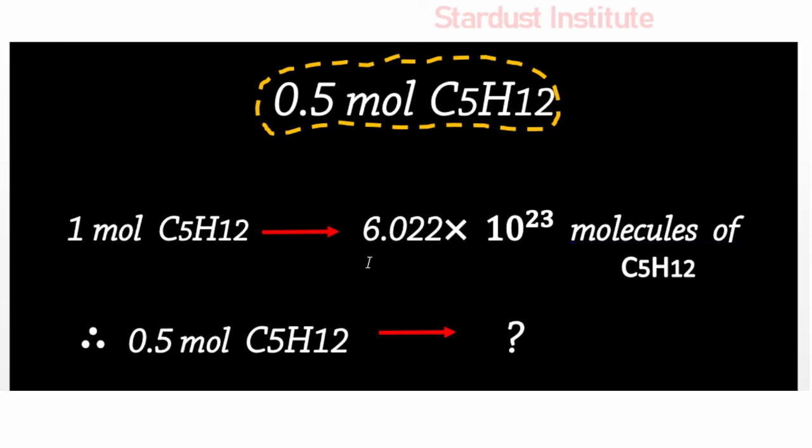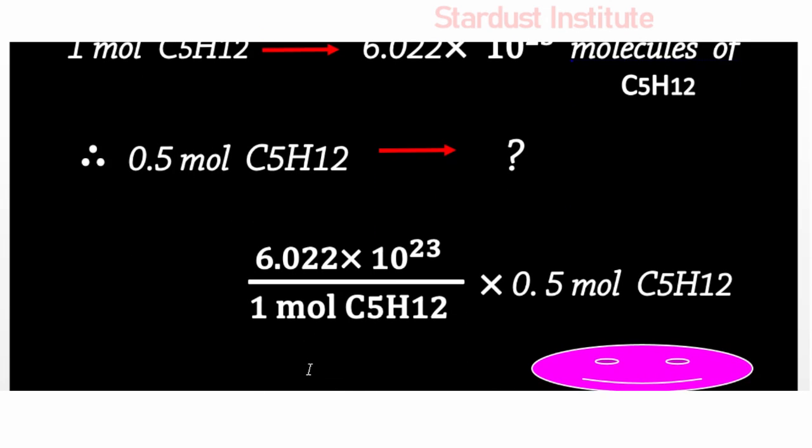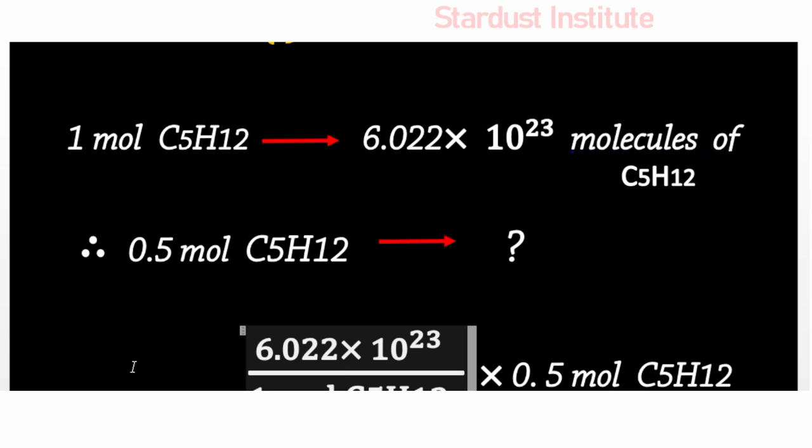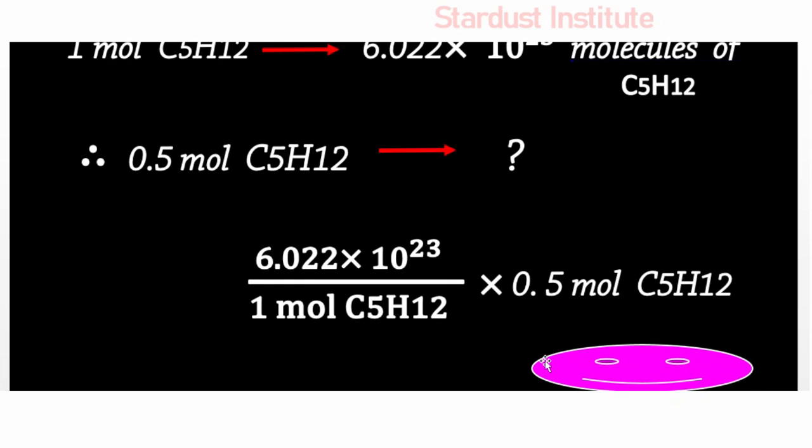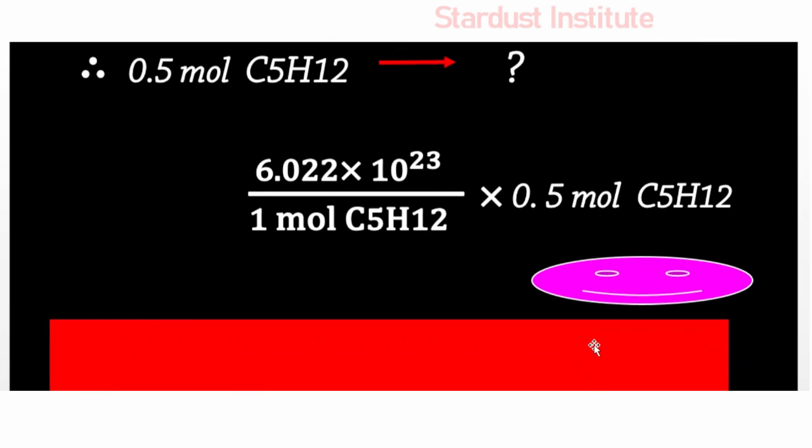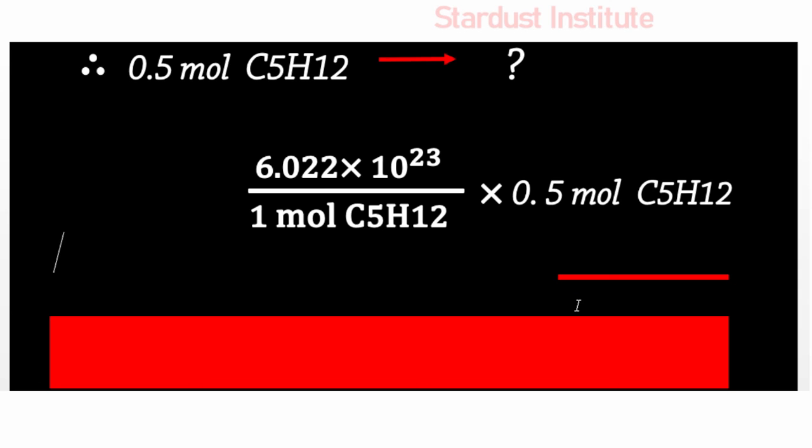We can find the answer in this way: 6.022 times 10 raised to 23, this Avogadro number, divided by 1 mole pentane, multiplied by 0.5 mole pentane. Here we can cancel out mole pentane.